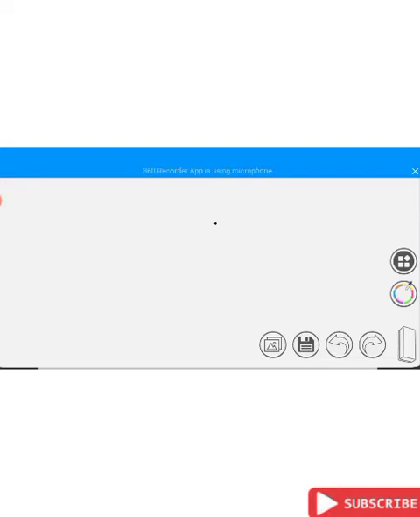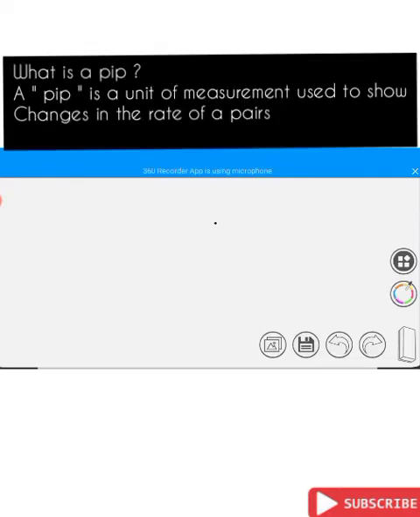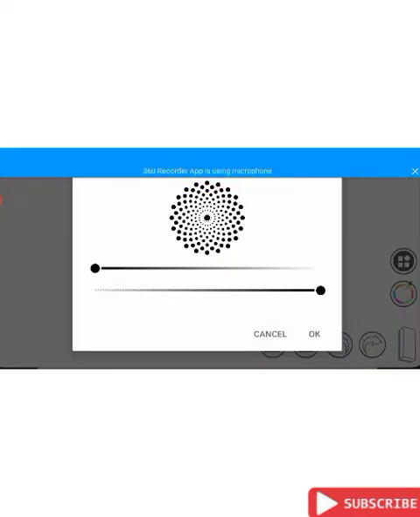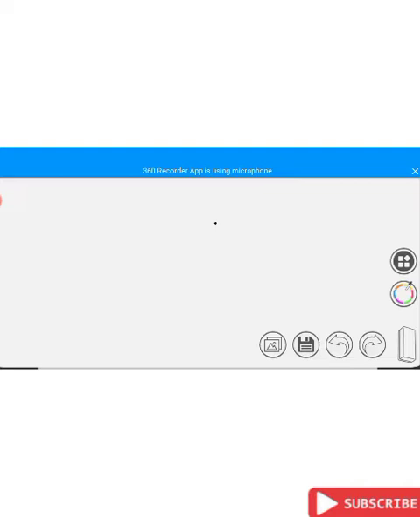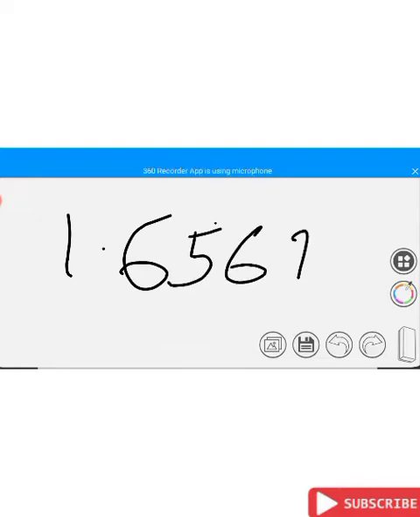So let's get to work. What is a pip? A pip is a unit of measurement used to show changes in the rate of a pair. So, for example, in GBP USD, the current rate of GBP USD is 1.6567.